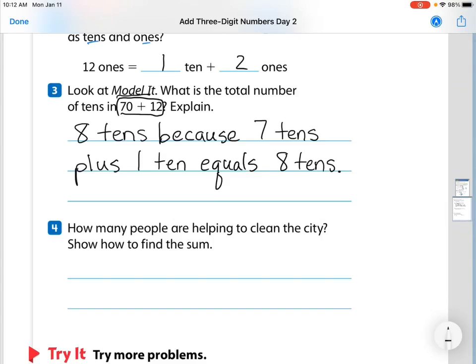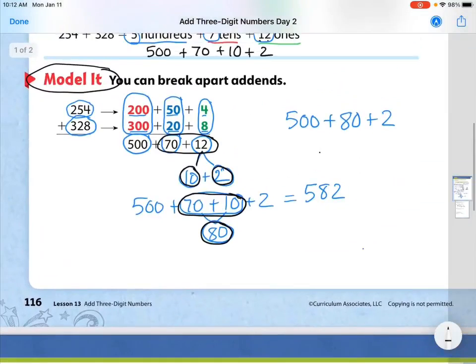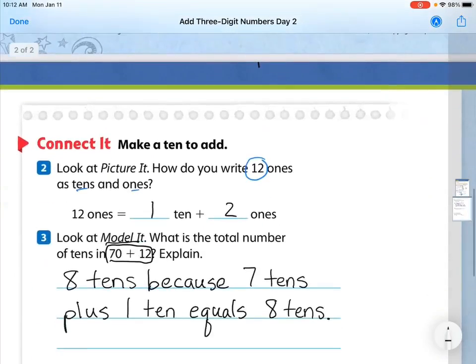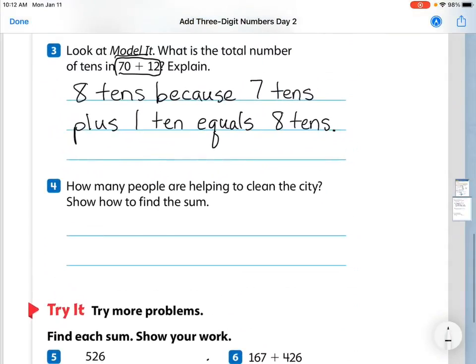It says, how many people are helping to clean the city, and show how to find the sum? Okay, so our total number, I'm going to go back up here. Remember, our total was 582, and show how we get the answer. So let's write 582, okay, that's our total, show how to find the sum, okay?